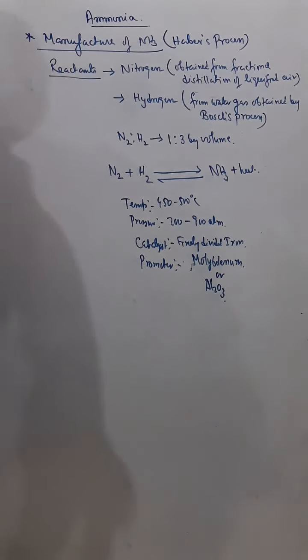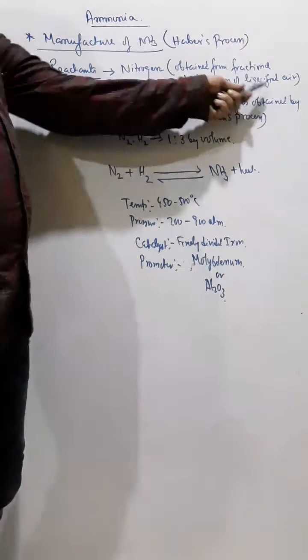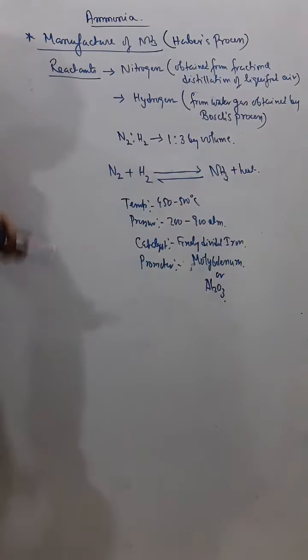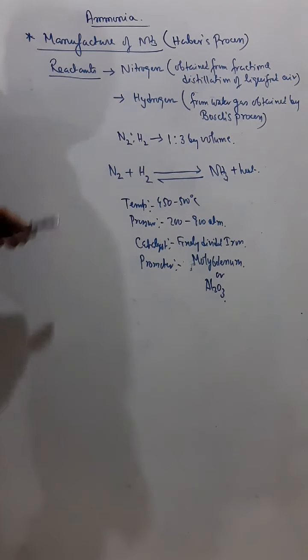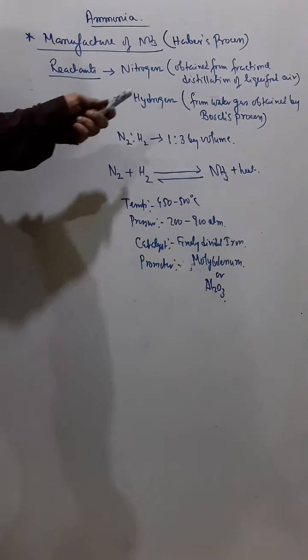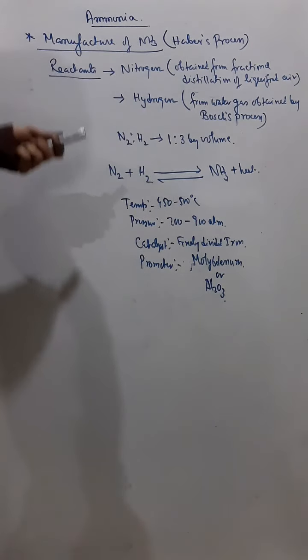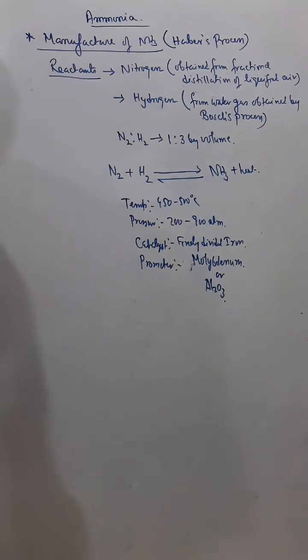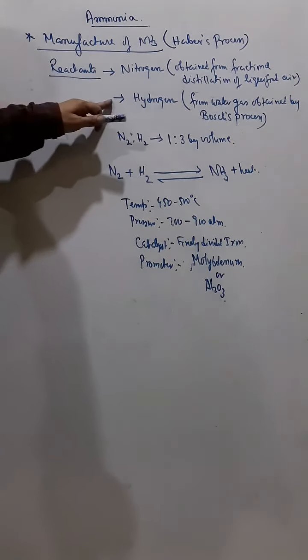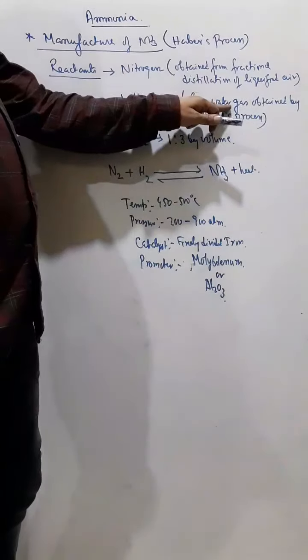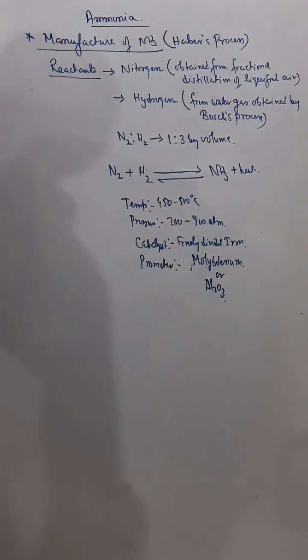Nitrogen is obtained from the fractional distillation of liquefied air. Okay, so air is liquefied, and the main composition of air is nitrogen and oxygen. So we first convert air into liquid air, and then by fractional distillation we get nitrogen, and we get hydrogen from water gas, and that water gas is actually prepared by Bosch process.